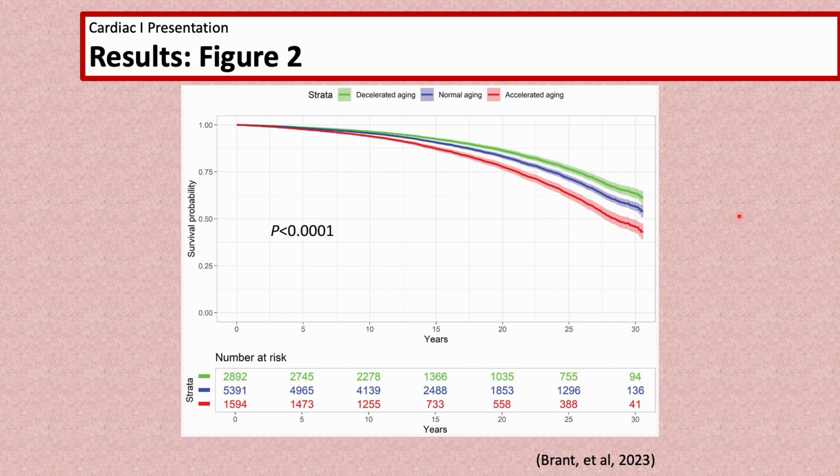Participants with an ECG age within the range of plus or minus 8 of their chronological age are in blue, and they have that average. So they're considered normal age. And then participants with an ECG age of 9 years or greater are in red, and as time progresses, their probability for survival decreases faster than the other two cohorts.